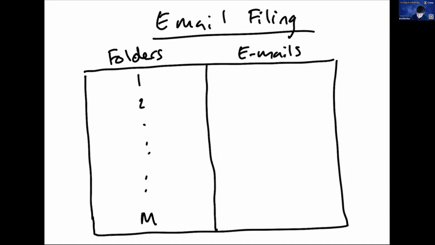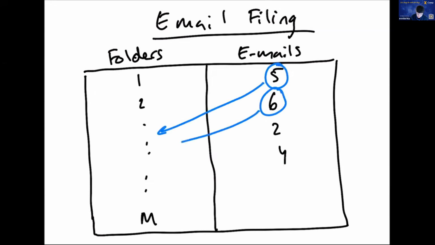For example, let's say it was 5, 6, 2, 4. That would mean this email needs to go in the 5th folder, which is somewhere here. The second email needs to go in folder number 6, which would be somewhere here. The third email needs to go in folder 2, and so on for all of the emails that we have.